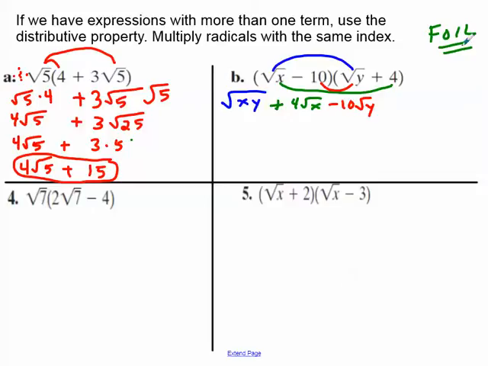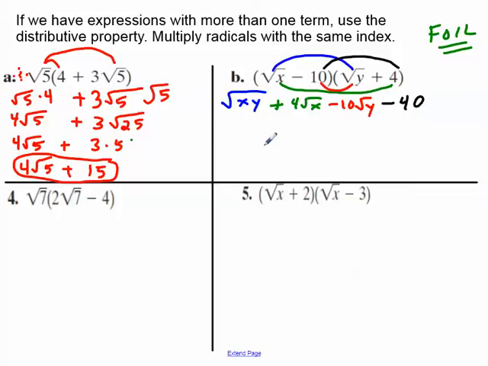Last is these guys right here. 10 times 4 is our number, but we've got to pay attention to signs as well. Negative times positive, negative 10 times 4, 40. And we've FOILed and we've multiplied everything together, and now we combine like terms or like radicals.